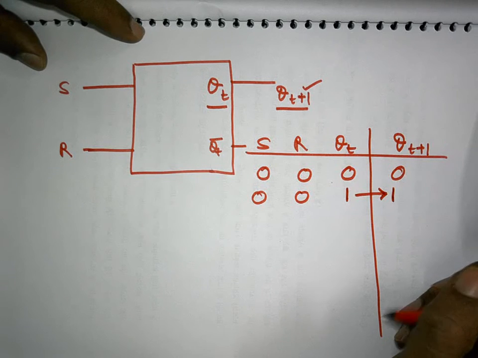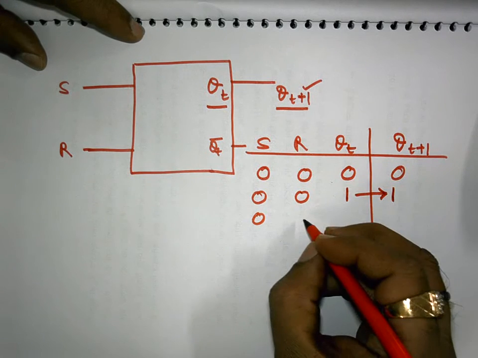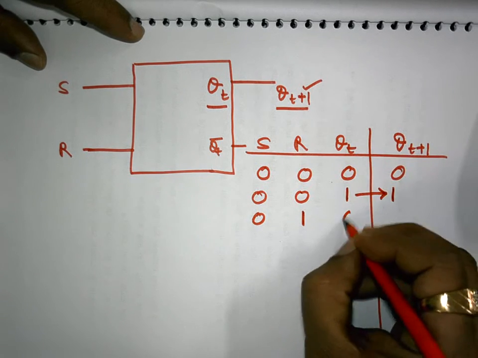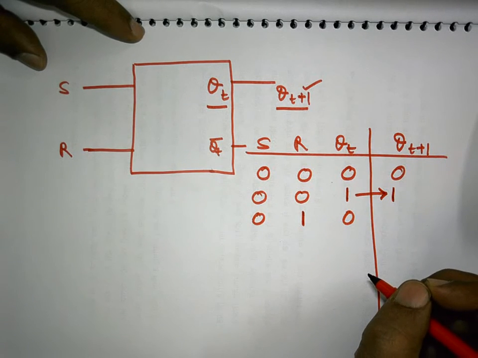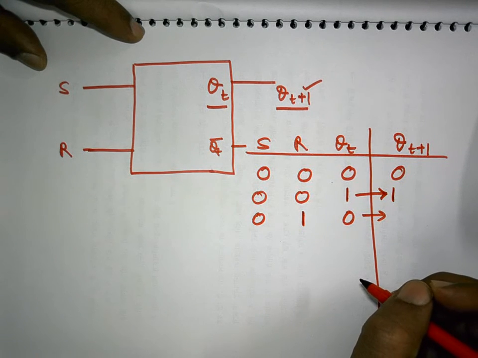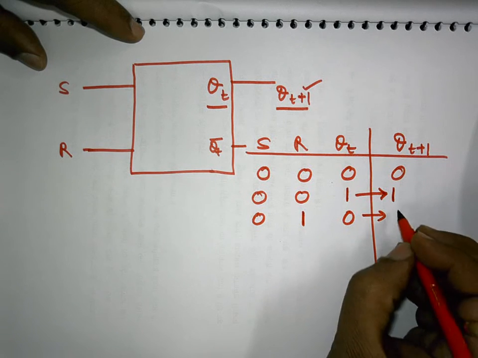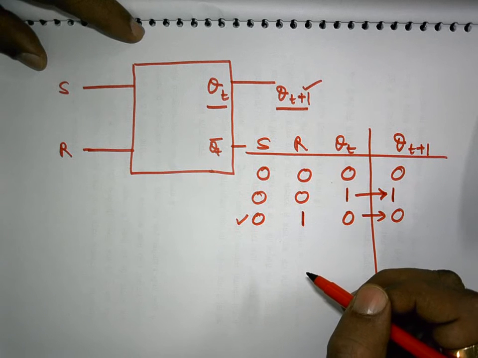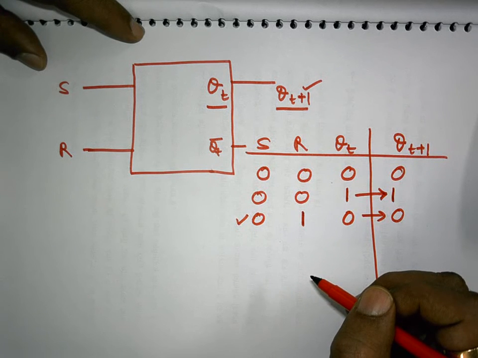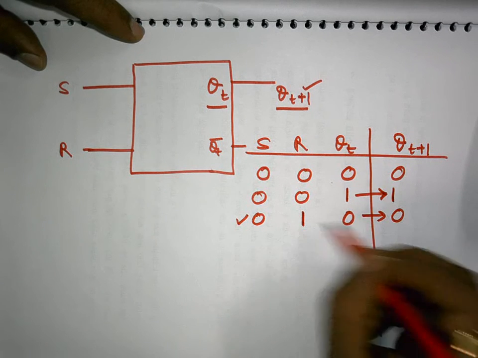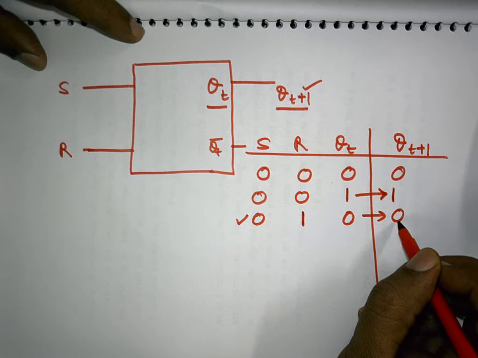Getting my point? If S was 0 and R was 1 and Qt was 0, what will happen to the next state of Qt? This will remain 0 because we are asking the circuit to reset, and when the circuit is reset, the normal output will be equal to 0.